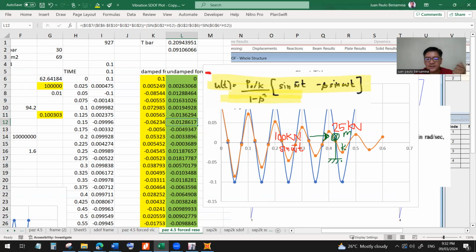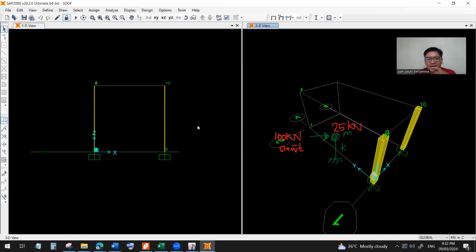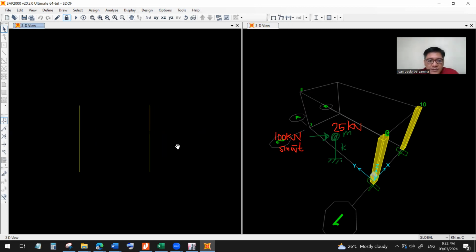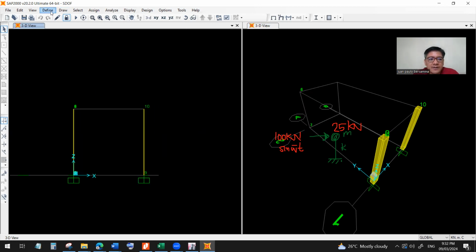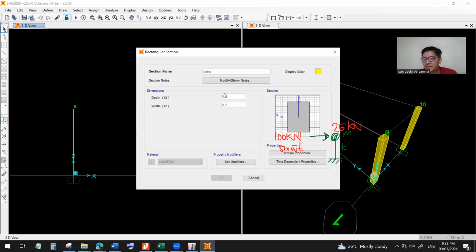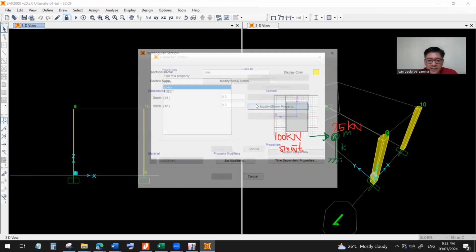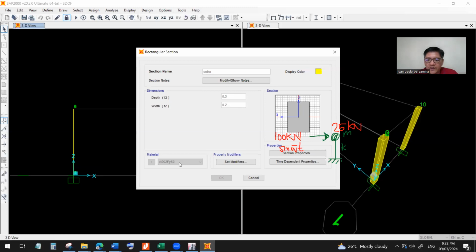Para mas ma-appreciate, nag-SAP2000 ako because ito kasi may animation, no? I'll show you here. Let's check kung ano yung define kong section niya. Frame section, define. Yeah, 0.2 by 0.3, same. And then, it's a steel material.